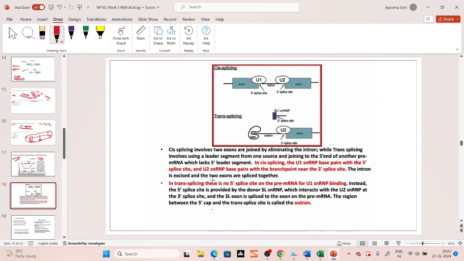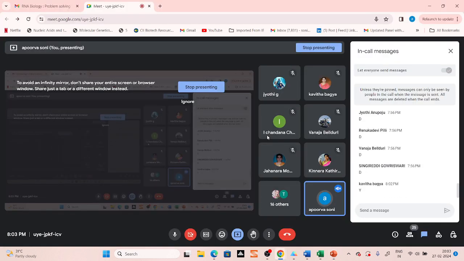Whereas in trans splicing, there is no 5' splice site, obviously, because there is no exon. So this 5' splice site is provided by the splice leader sequence which is coming from outside. And here the intron is removed, here the outron is removed. Is it clear to everybody? Just a minute.